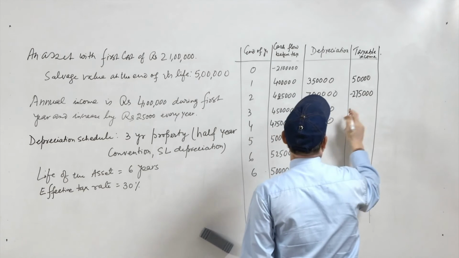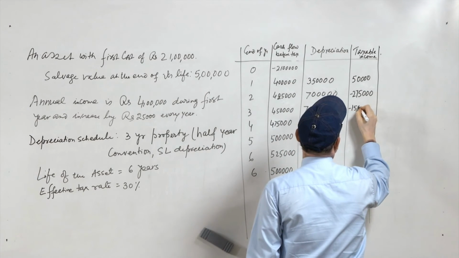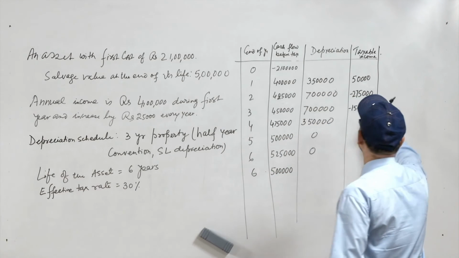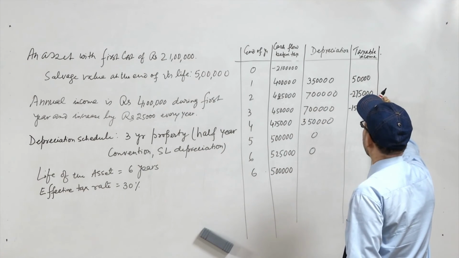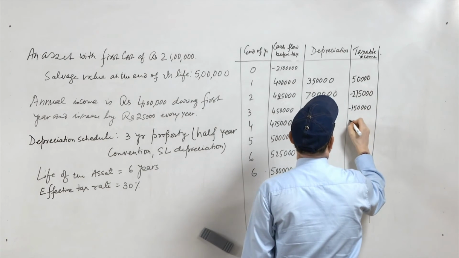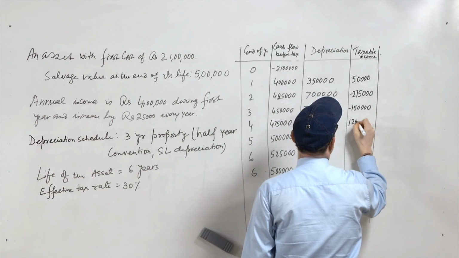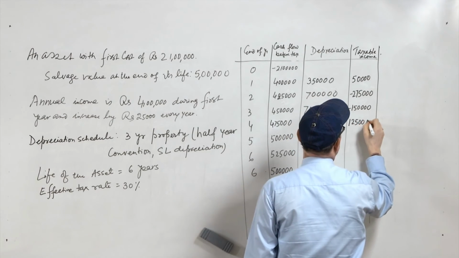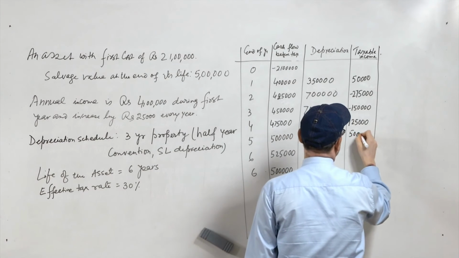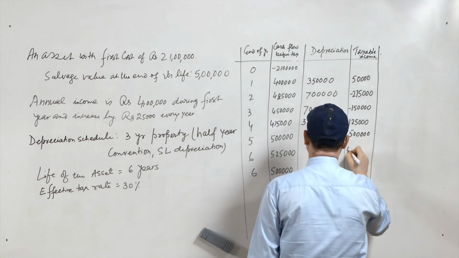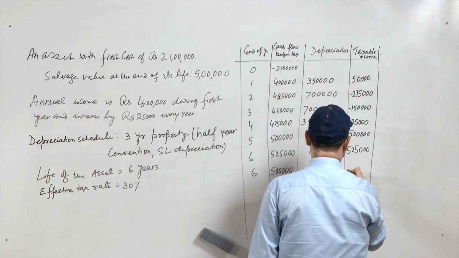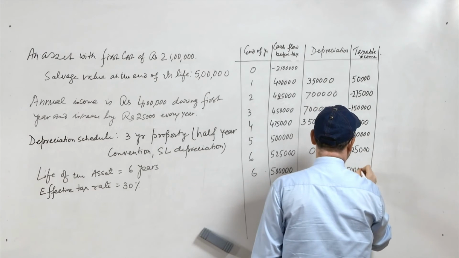Then here it will be 1 lakh 50,000. So, you have basically tax savings at these two locations. Here you have 1 lakh 25,000, and further you have 5 lakh 25,000 and 5 lakh further as the capital gain tax.